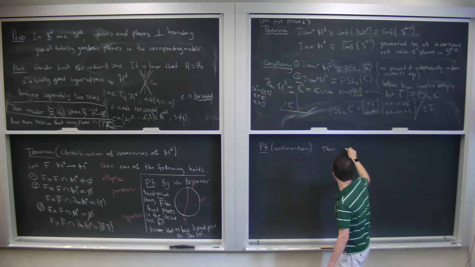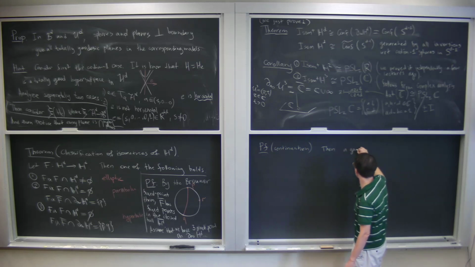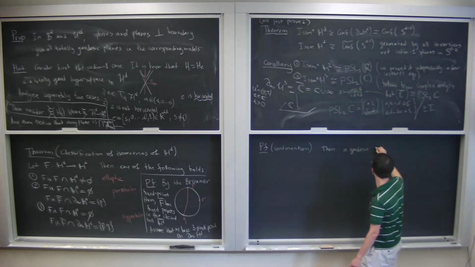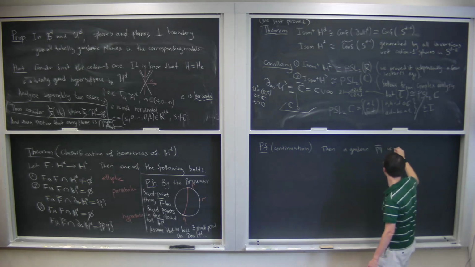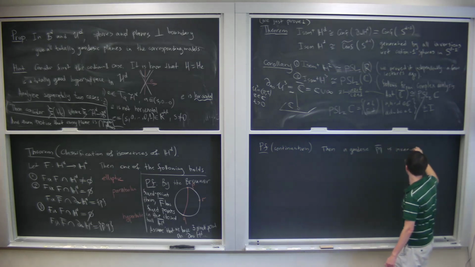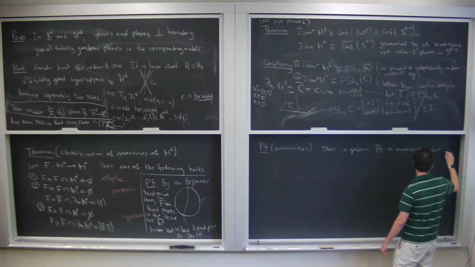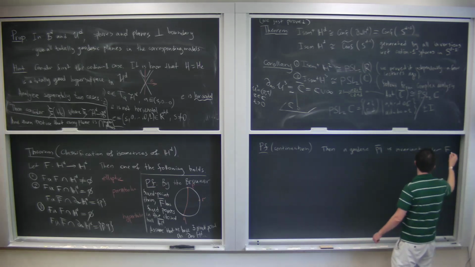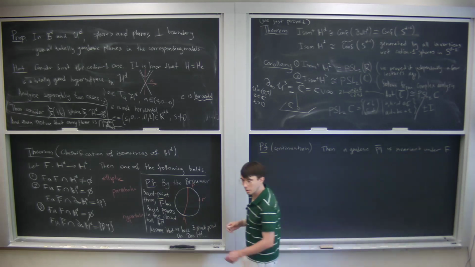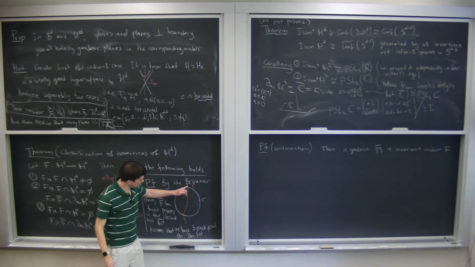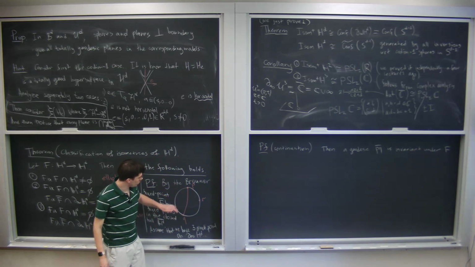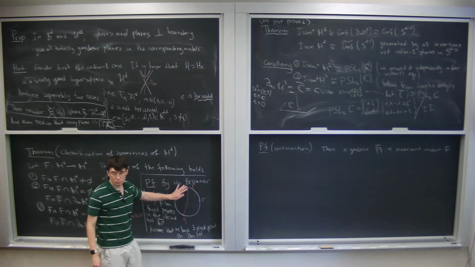Then geodesic PQ is invariant under F bar, right? But actually it's invariant under F since it's a restriction. And it means that it doesn't fix it pointwise, but definitely the points from the geodesic belong to this geodesic.